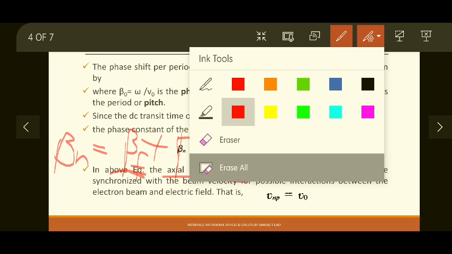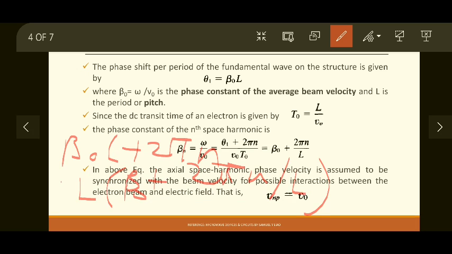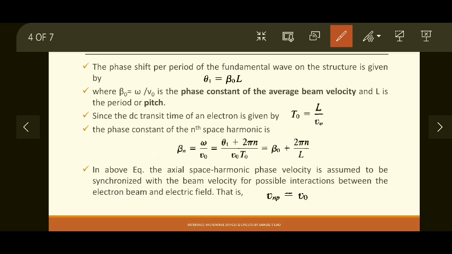So this will become beta 0 L plus 2 pi n, taking L common, beta n equals beta 0 plus 2 pi n upon L, that is, theta 1 upon L plus 2 pi n upon L. So that is how it can be calculated.